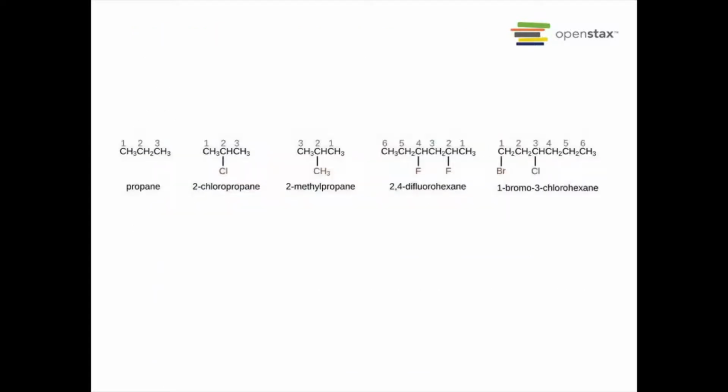So these are some examples. If we just said propane, we mean a straight chain alkane with 3 carbons in a row, all single bonded. Now, if I said 2-chloropropane, the first thing that I always do is look for my root name. I see propane, so I'm going to draw propane, 3 carbons. 2-chloro tells me carbon 2 has a chlorine coming off of it.